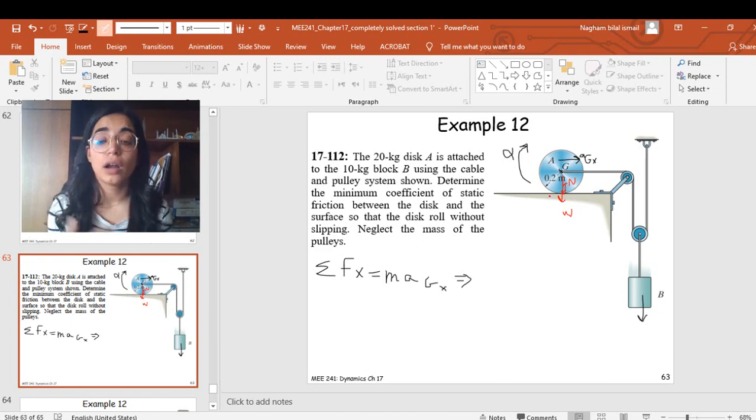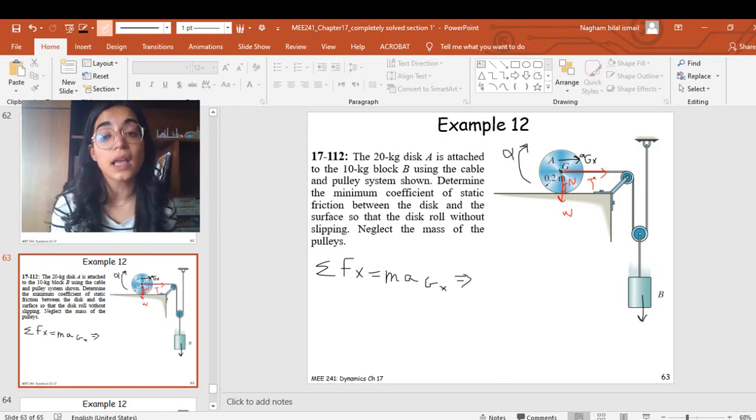Now, what are other forces? I have the tension, and since the rope is from the center of mass, then here the tension will be from the center of mass. But if the rope, guys, was here on this point, then the tension will be from this point right here. And then, what about the friction? The friction will be on the contact surfaces. So I'm gonna say that this will be my friction.